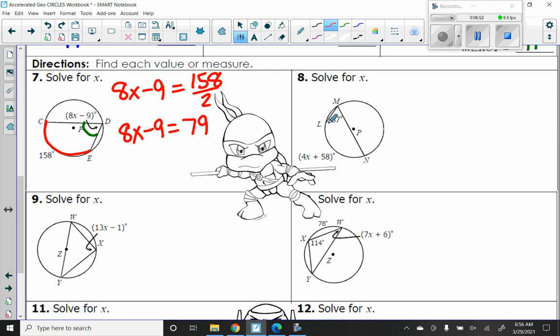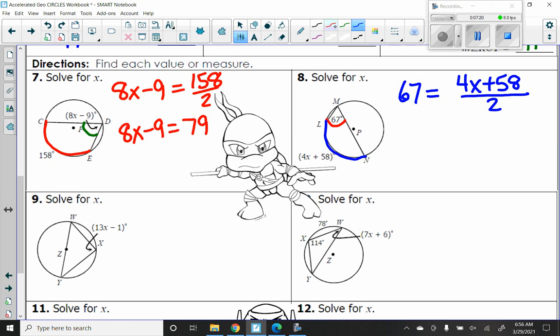Okay, one more time. The angle is half the arc. So on this one, I would say angle equals arc divided by 2. Now you could cut this in half or multiply by 2 to both sides.